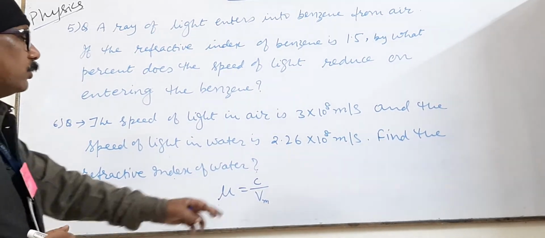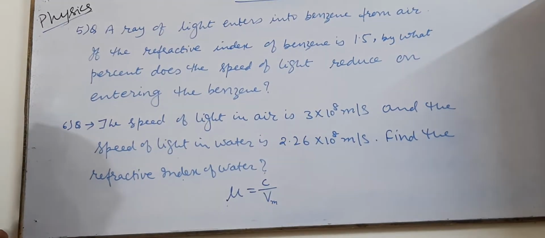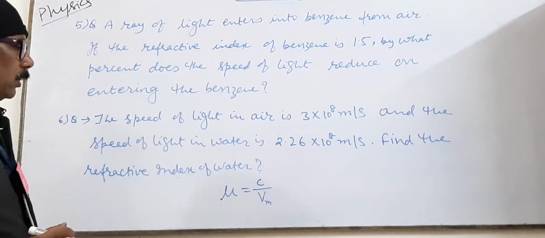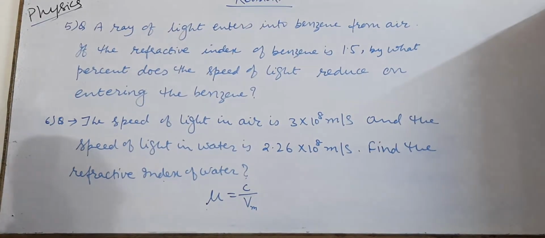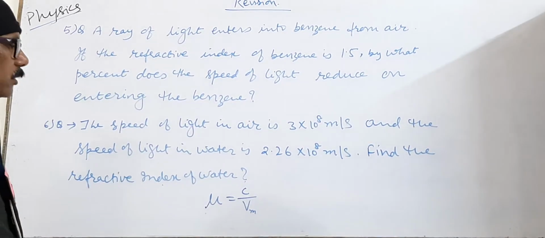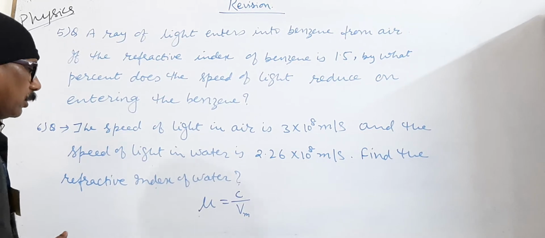The ratio of velocity of light in air to the velocity of light in medium is known as refractive index of that substance. This is the absolute refractive index of the water.